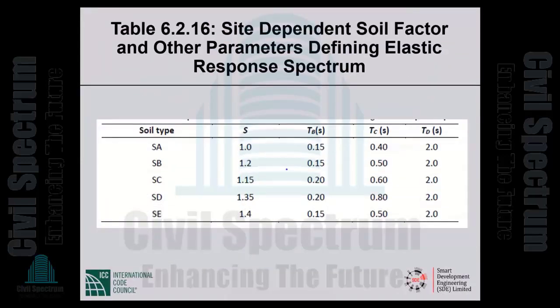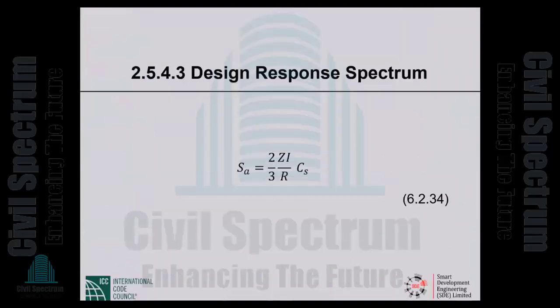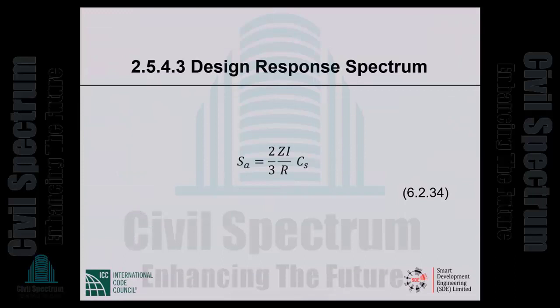And these are the values that define the soil modified MCE spectra of BNBC 2020, and you have seen the pictures. Now, the spectral acceleration, which is given in ASCE 7 on the y-axis, in BNBC is 2/3 Z I over R times C sub S.